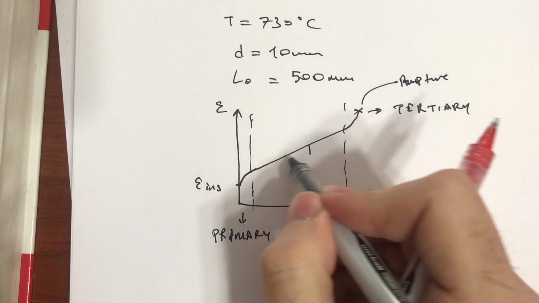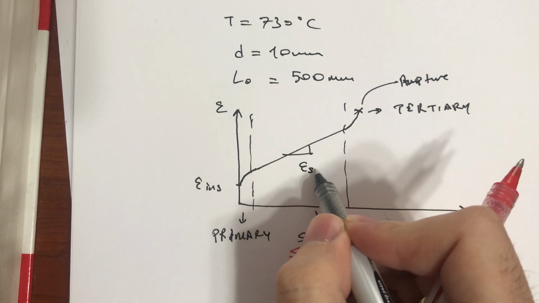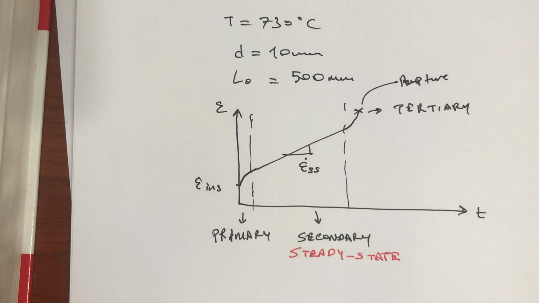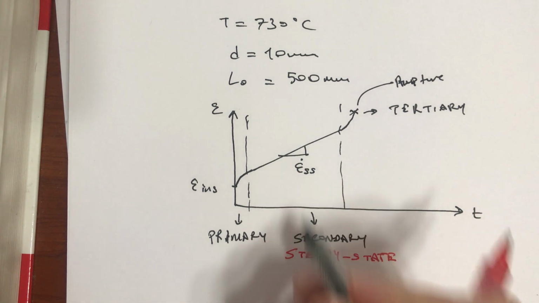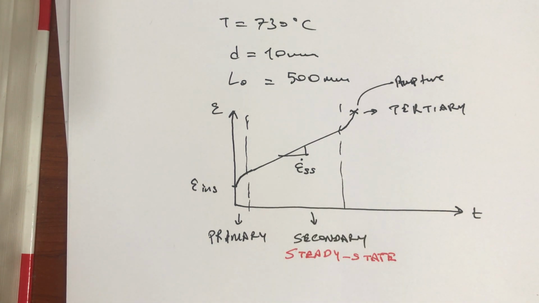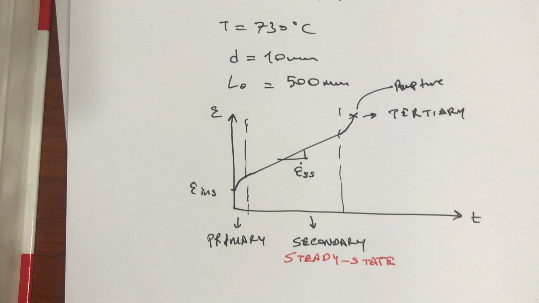Okay, so the strain rate here has a special name, steady state strain rate, and this is constant during the secondary stage of creep.